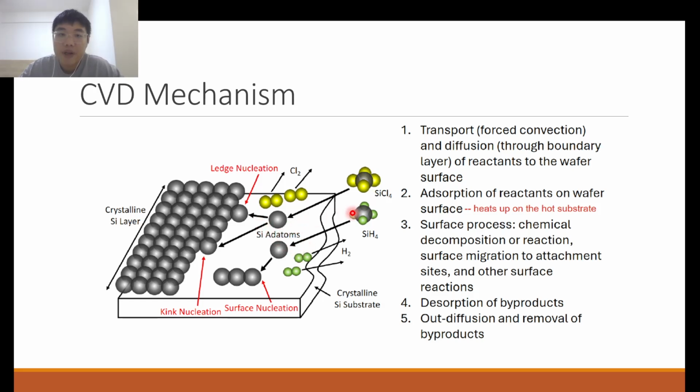Because these molecules are adsorbed on the wafer surface, there can also be surface migration, or surface diffusion, to allow the formation of a smooth, uniform layer, and in certain cases epitaxial growth can be achieved. Okay.